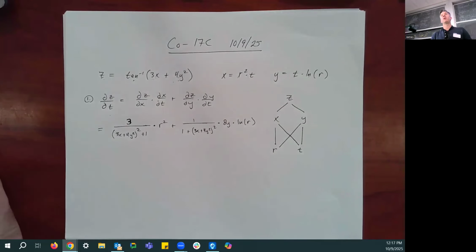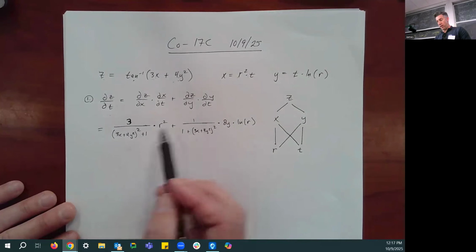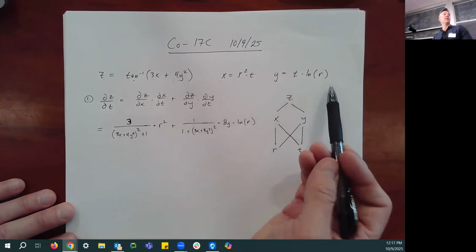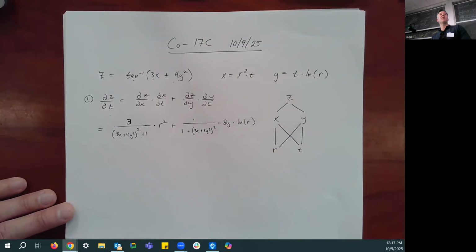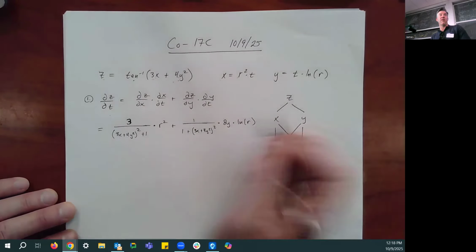And again, I would point out you don't really ever want to go further simplification wise, like any simplification at all, really, but you don't want to go plugging in x equal to r squared t and y equal to t natural log of r unless someone asks you to. Also, if you're doing it in WebWork, control C, control V, right? You can copy and paste the function, or type it once and then paste it wherever it needs to go.